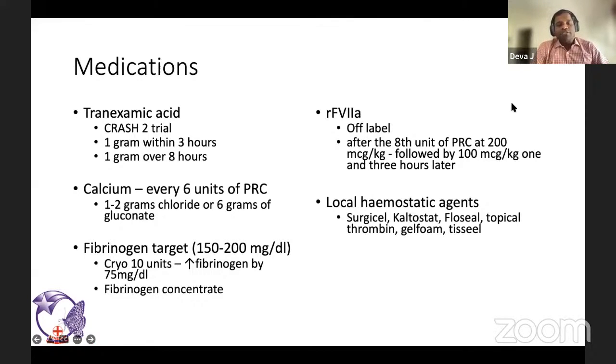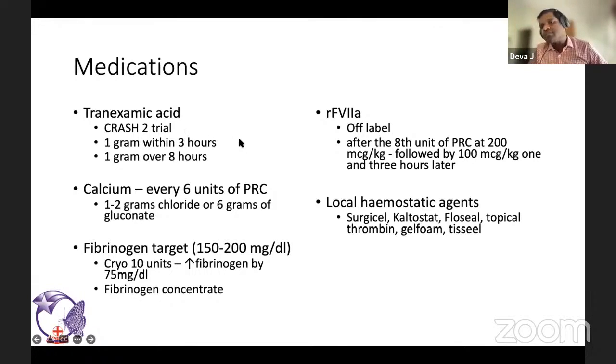Next, some of the medications. I'll touch upon the medication, just 2 or 3 slides on them. Tranexamic acid, you must administer. It should become the standard of care. Tranexamic acid must be administered in all hemorrhaging patients within the first 3 hours of presentation. It has been shown to improve outcomes in trauma. So you give 1 gram within the first 3 hours.